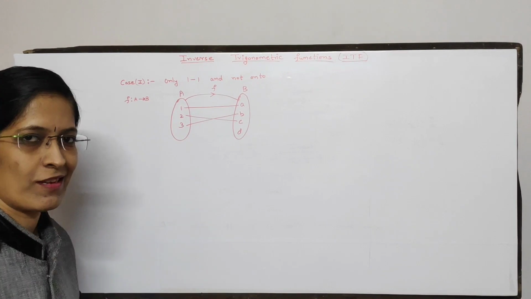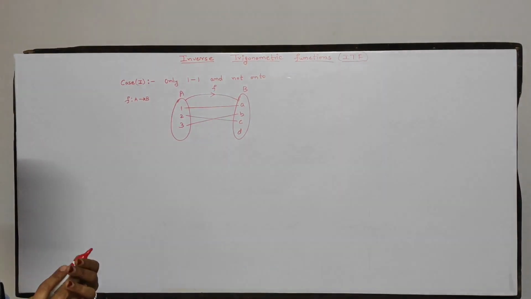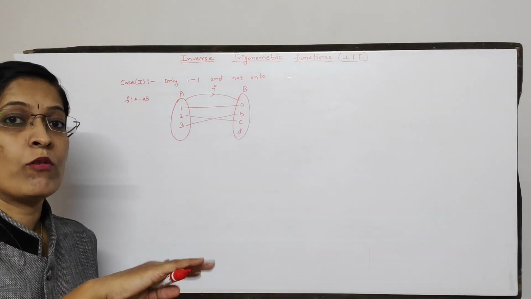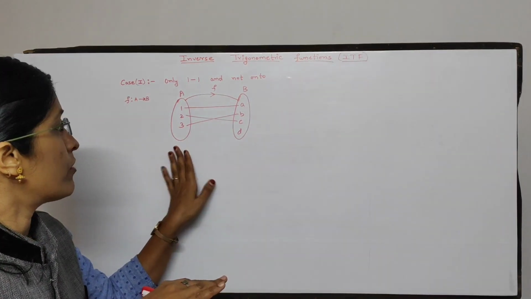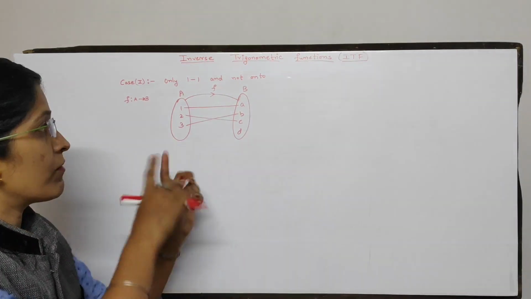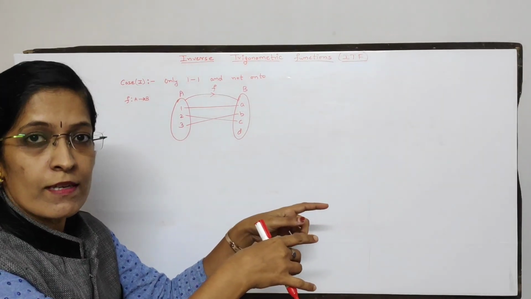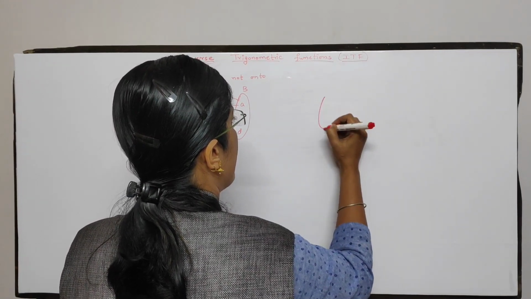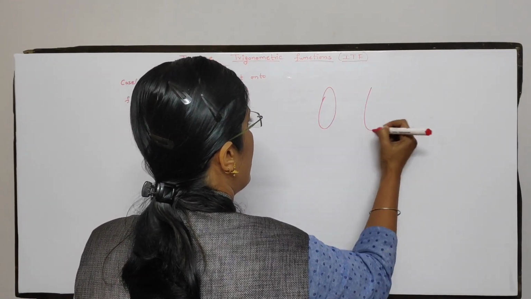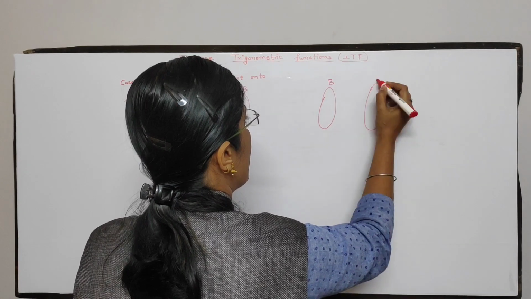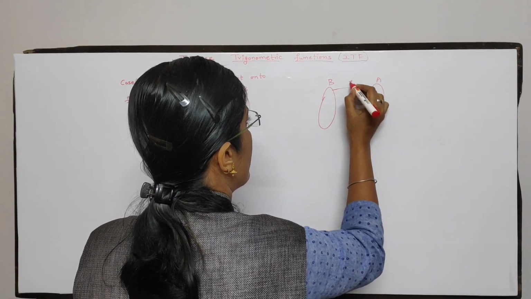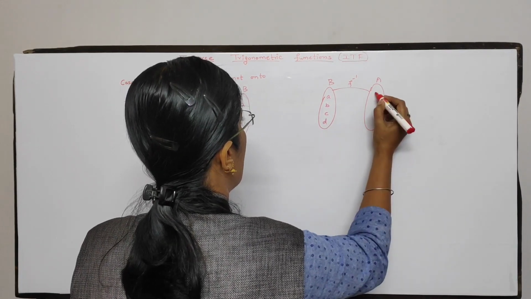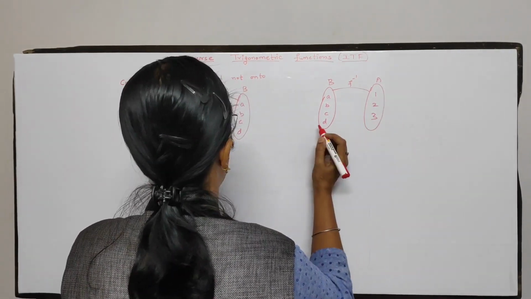Now observe, our conditions are satisfied. What we have said is that in the inverse, input becomes output and output becomes input. This is input and this is output. So we have to reverse it and check whether the inverse exists or not. So this will be B and this will be A. This is our F inverse. A, B, C, D, 1, 2, 3.